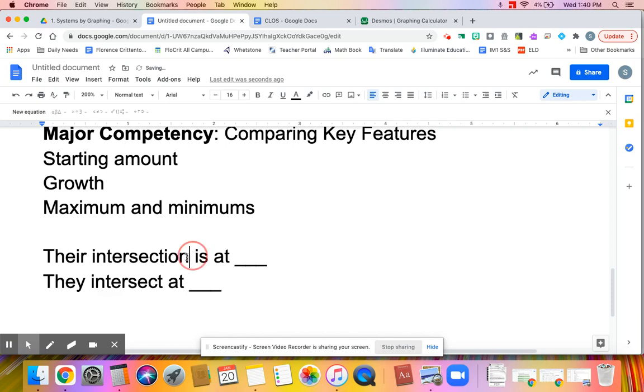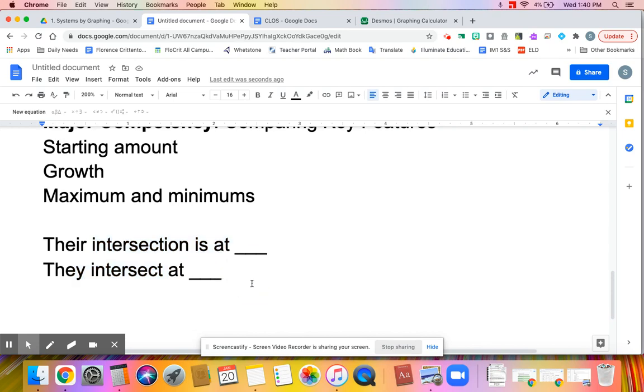Intersection is the noun, the spot the two graphs share, but you can also say they intersect at, because it's a verb describing what they're doing. So they mean the same thing. Basically, this is just the big word for to cross.